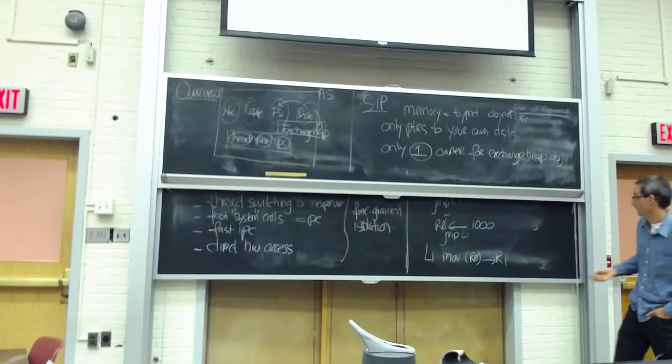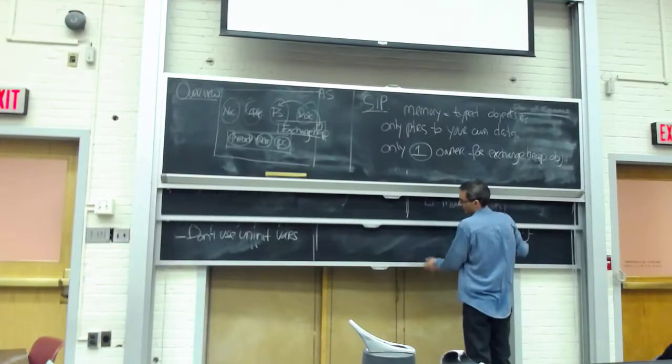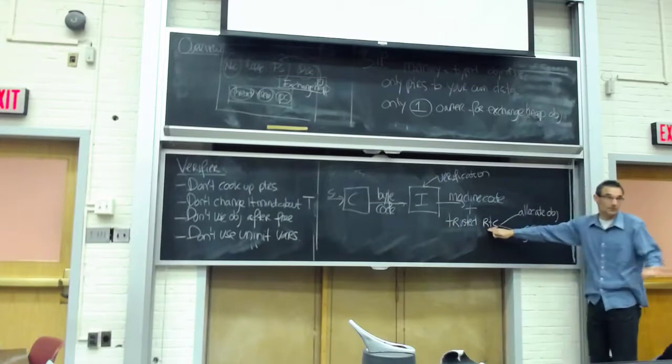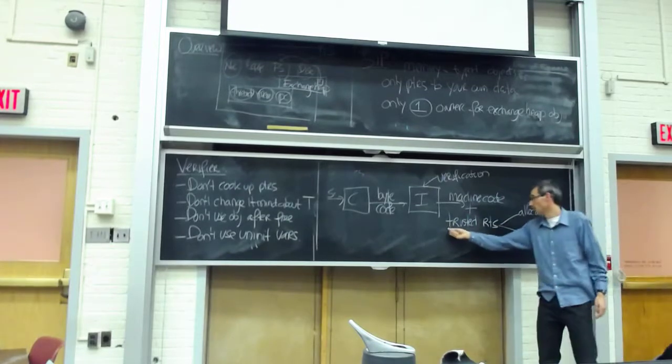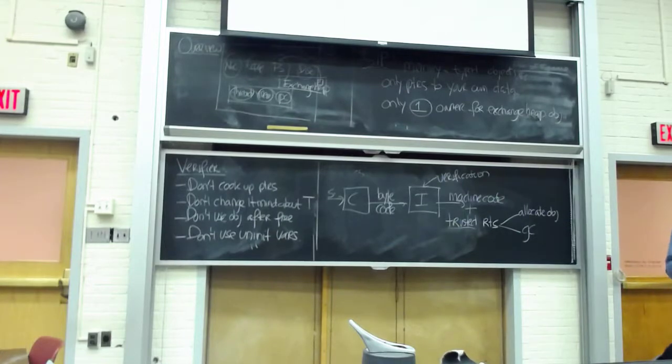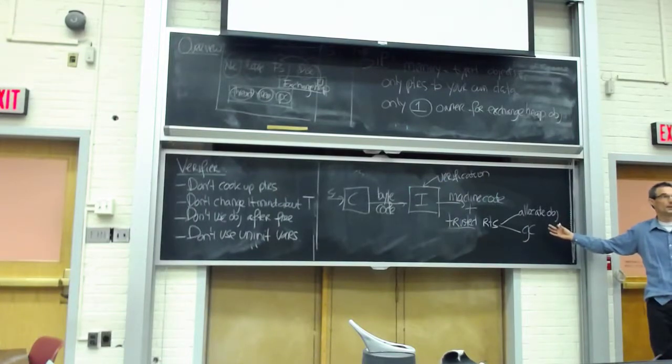And of course the runtime. That's the other piece: the garbage collector is in the runtime, and it hooks up the pointers and does memory allocation as part of the trusted computing base.